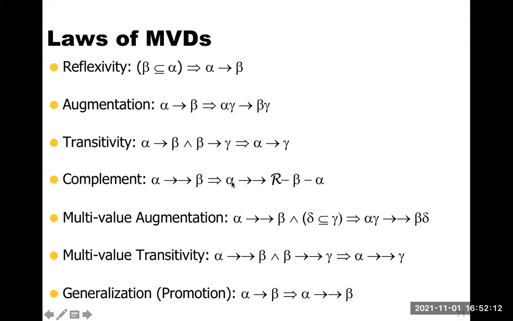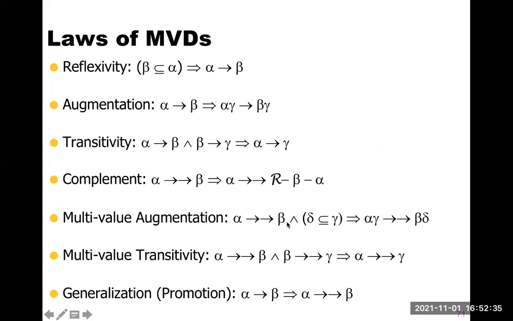So if I have a left part, a group of columns, and I see that multi-value dependence, all other columns take part in a complementary multi-value dependency. That's the law of complementary dependency.